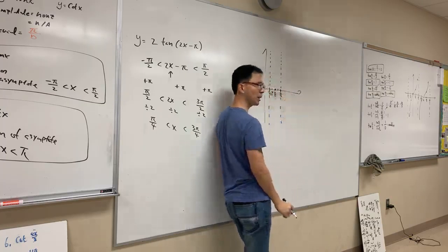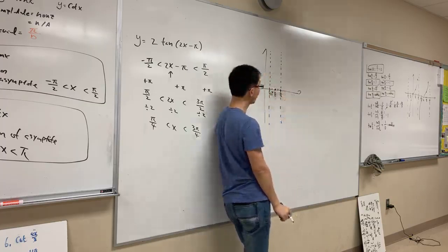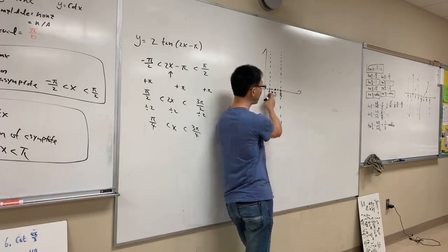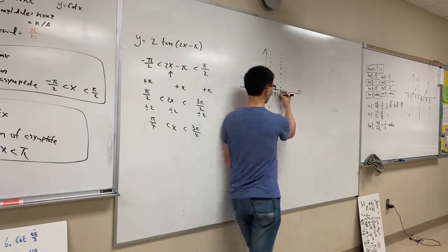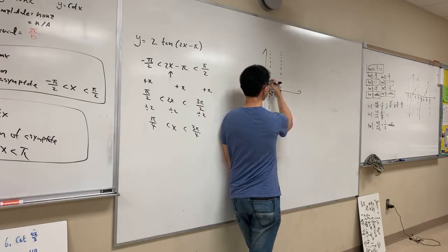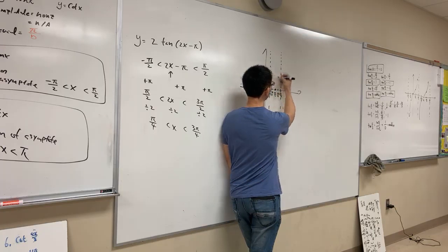How do you get 3 pi over 8? Because it's in between pi over 4 and pi over 2. So it'd be pi over 8 and pi over 4, you can add those two values together, divided by 2, so it's going to be 3 pi over 8. I can show you the work later, but this is 3 pi over 8. So now what's the next point? Is it 1 or 2? It's actually go up 2, so it'll go down 2.